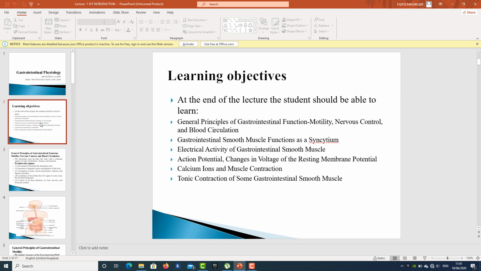What actually are the learning objectives that after the end of today's lecture you should know about the general principles of gastrointestinal function, the motility, the nervous control, the blood circulation, how the gastrointestinal smooth muscle is functioning as a syncytium.